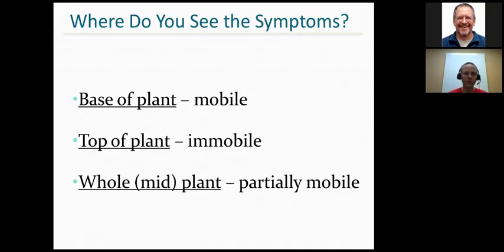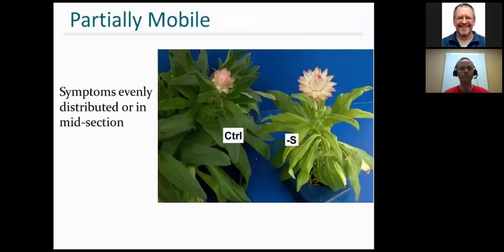So we need to be paying attention to, where do the symptoms start? If the symptoms start in the middle of the plant or uniformly across the whole plant, we're dealing with a partially mobile element. So here's an example with sulfur: the plant that's healthy on the left is nice and green. The plant on the right is a little bit stunted and evenly chlorotic, evenly lighter green across the entire plant.